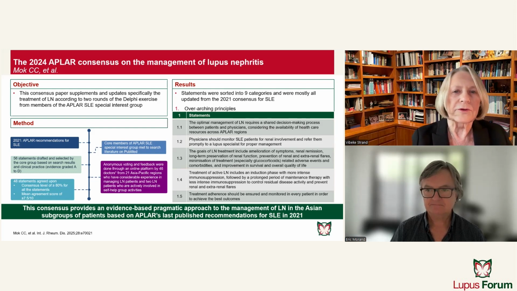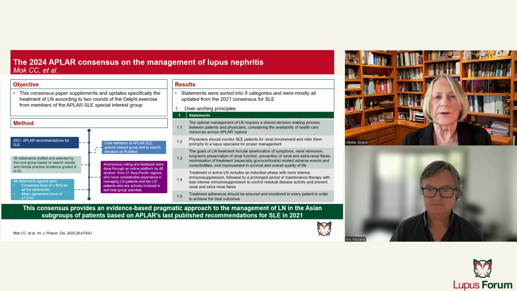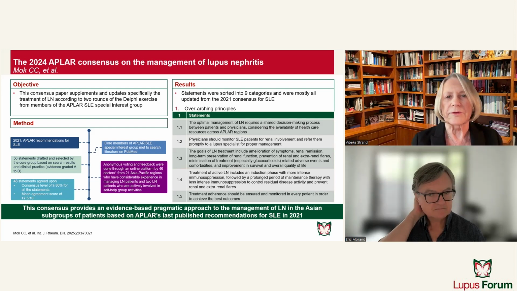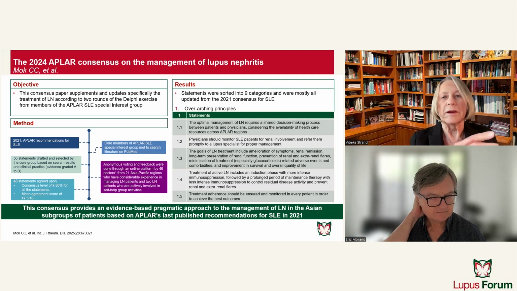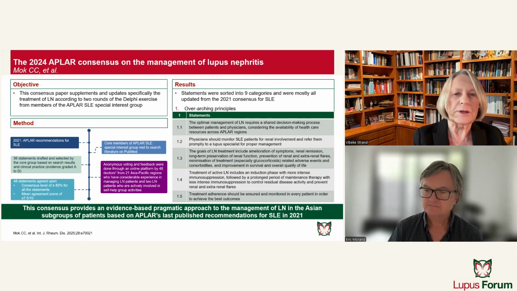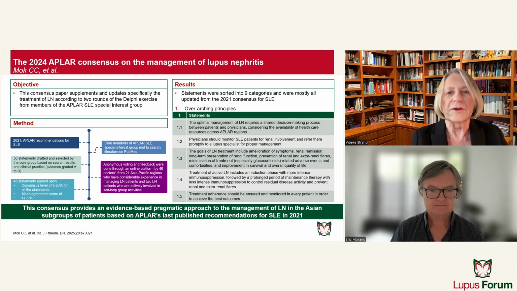Now, the overarching principles are what we generally agree with. Obviously, optimal management of lupus nephritis requires an early diagnosis, and a decision-making process in terms of how to treat patients which is shared between patients and physicians, and also thinking about the resources across the APLAR regions and knowing that availability of therapies may differ.